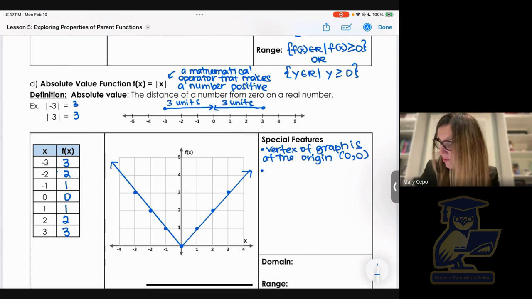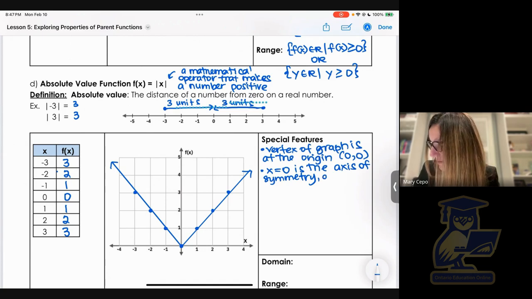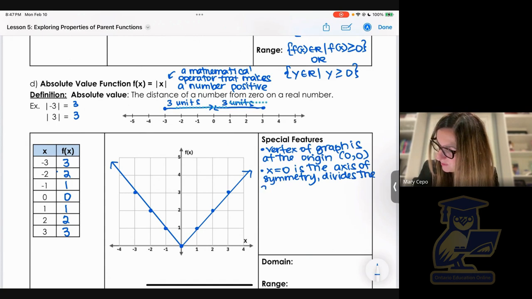If you can see, right through x equals 0 is the axis of symmetry, which divides the graph into two congruent halves.